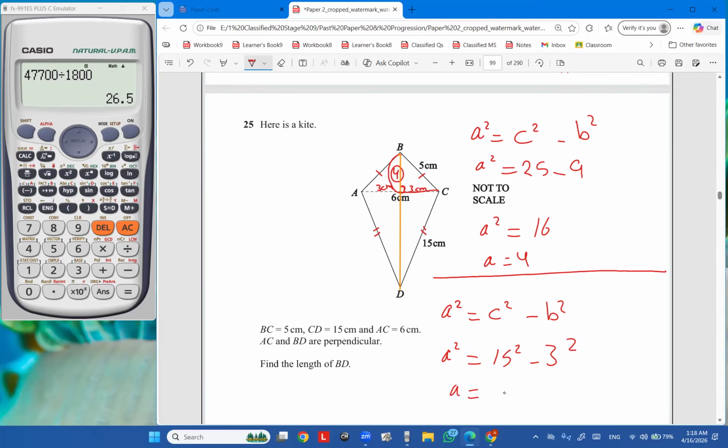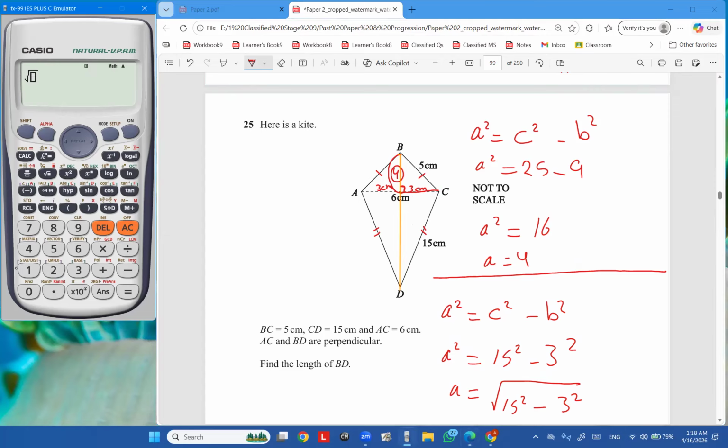So a equals the root of all of this. You can just find 225 minus 9, or you can just write it on the calculator this way exactly and find a. So let's do it. Root of 15 squared minus 3 squared, which is 9, equals 14.69, which is 14.7.